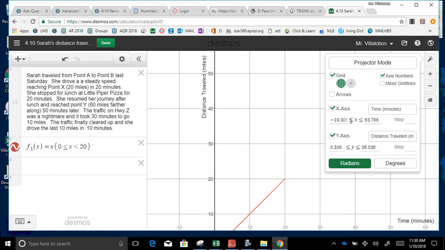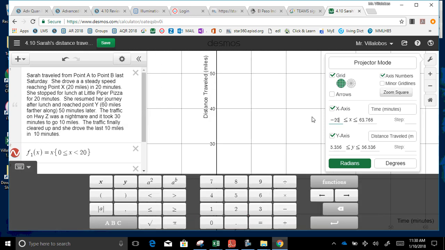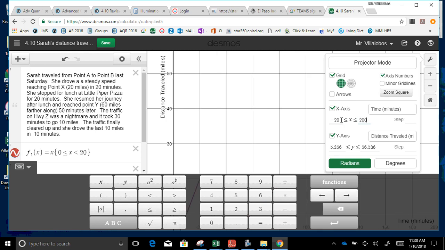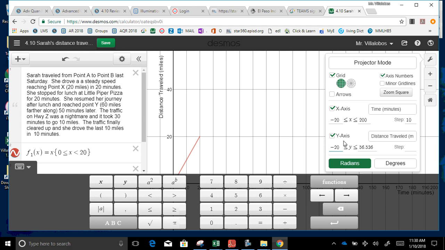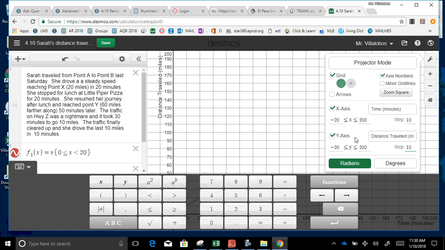And we want to go from negative 20 to 200, up by 10, and negative 20 to 200, stick with 10.